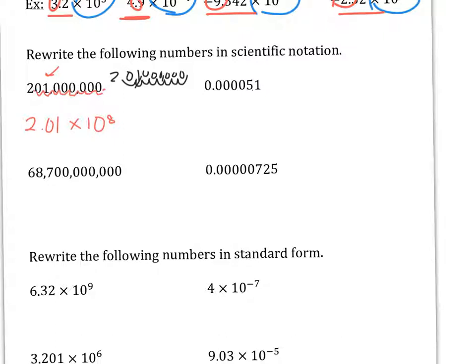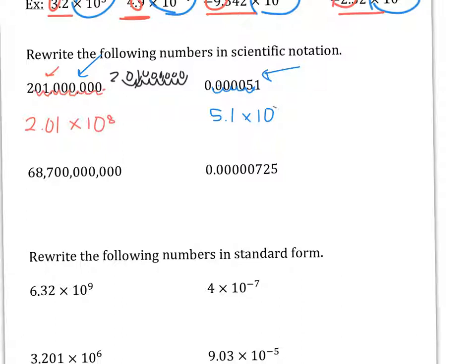Here I want the decimal to be after the 5, so I'm going to move the decimal over 1, 2, 3, 4, 5 places to the right. So my first term will be 5.1 times 10 to the, now since we moved our decimal to the right here, and in the previous example we moved it to the left, that means my number is actually really small.